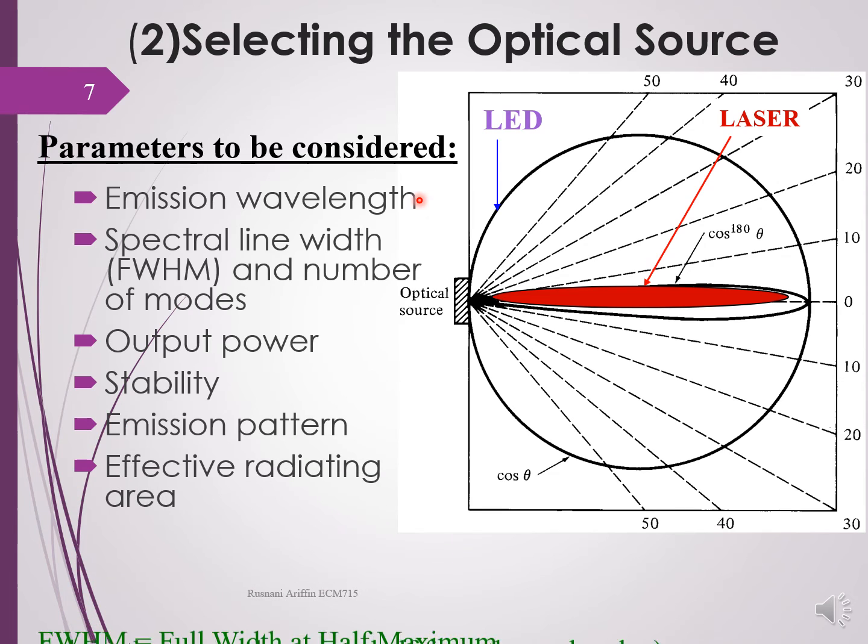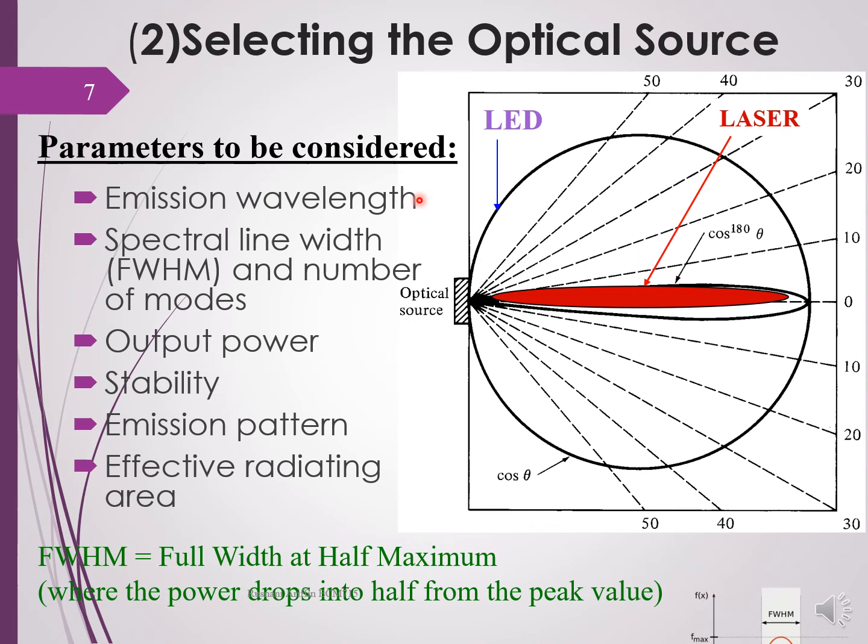So FWHM, full width half maximum, is actually the width of your optical source when your amplitude has dropped to half. Okay, so this is your FWHM. And then you also need to determine your optical source output power, the stability, and the emission pattern.